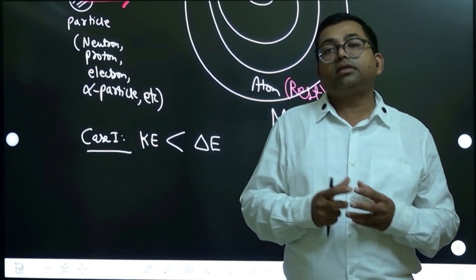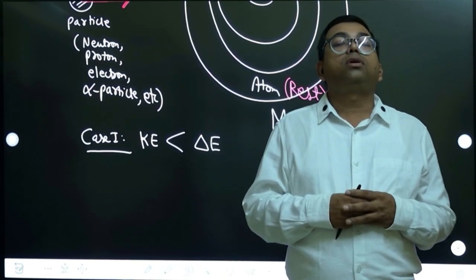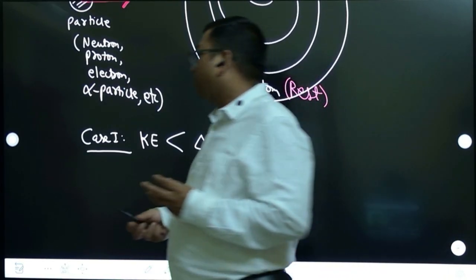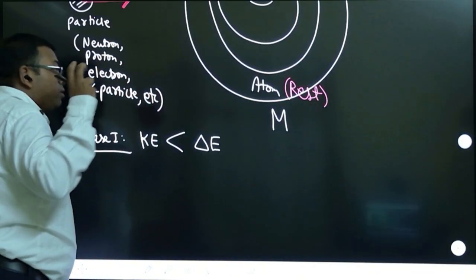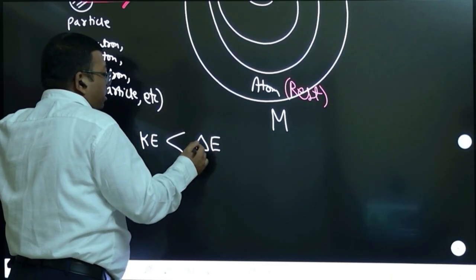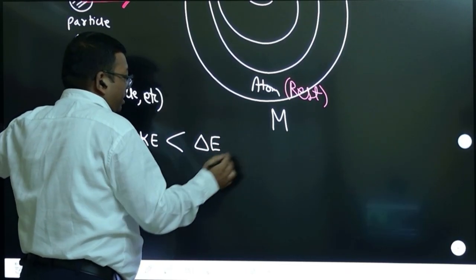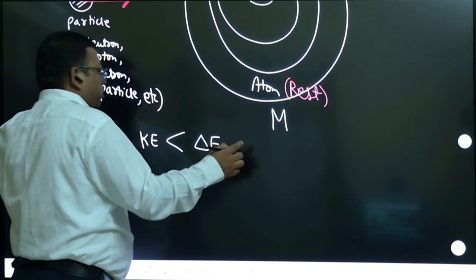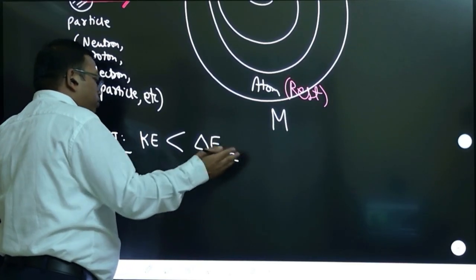If it cannot do even that, then it will not have any loss. Let us say we are considering first excitation. First excitation means 1 to 2 transition.